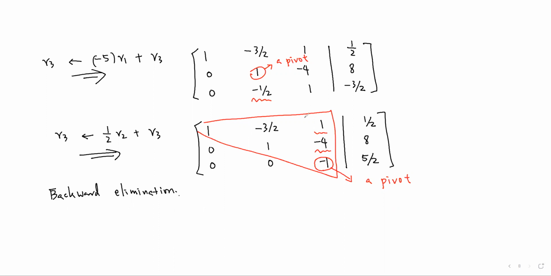To eliminate the number -4, I multiply the third row by -4 and then add to row 2. Row 1 is not changed.